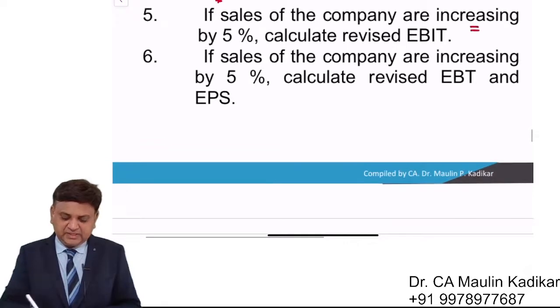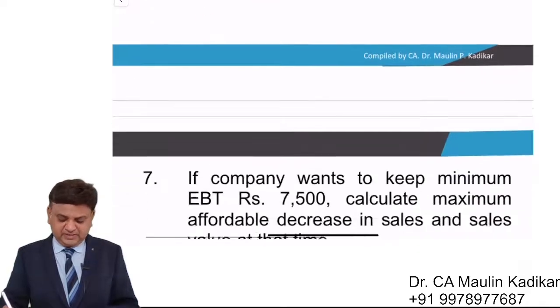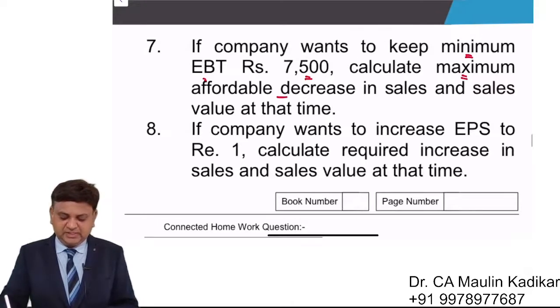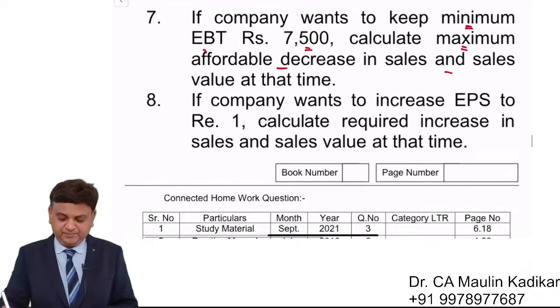If the sales are increasing by 5%, calculate the revised EBIT. Sales increasing by 5%, calculate the revised EBT and EPS. Company wants to keep a minimum EBT of 7,500: find the maximum affordable reduction in the sales and the value of sales.